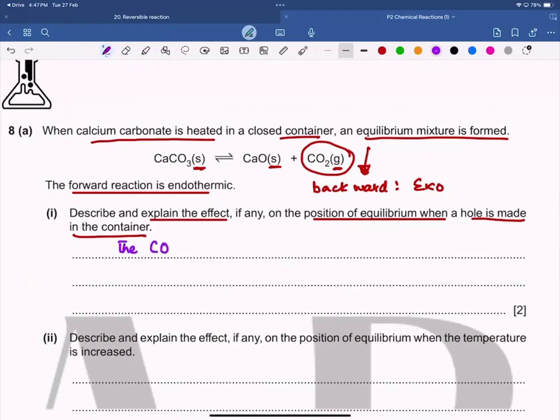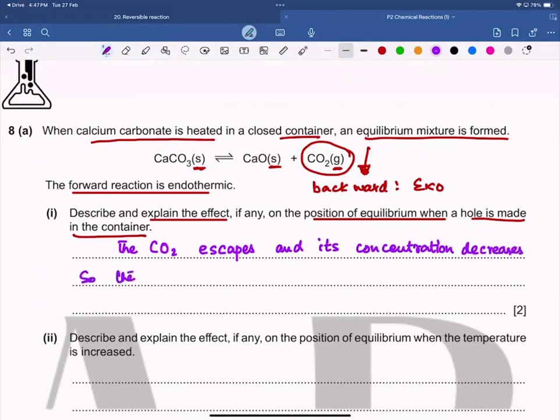So I will write: the carbon dioxide escapes and its concentration decreases.